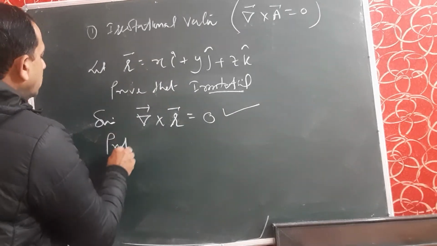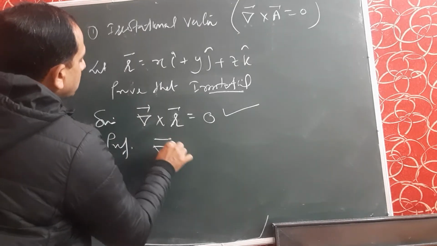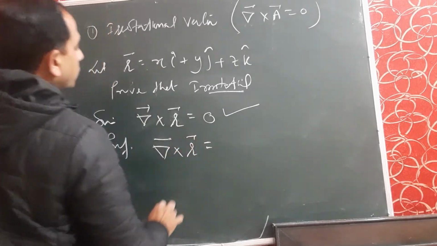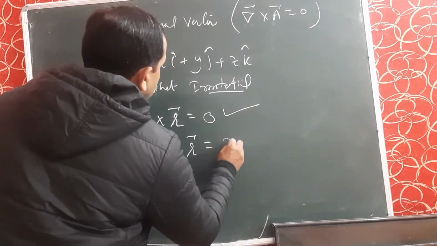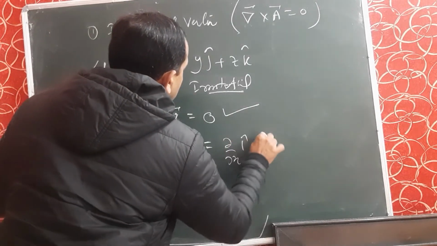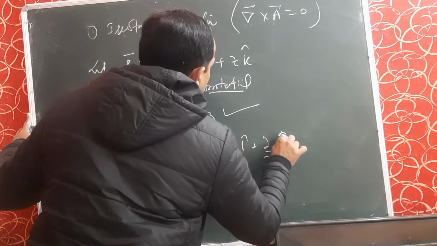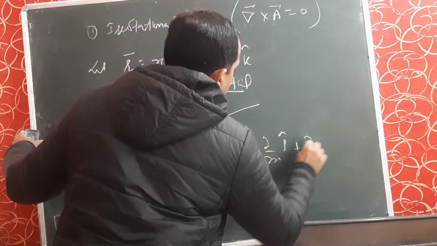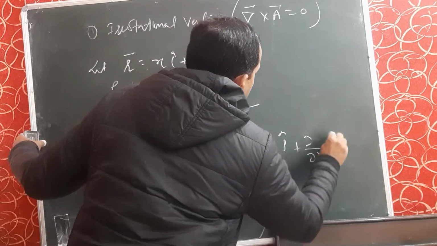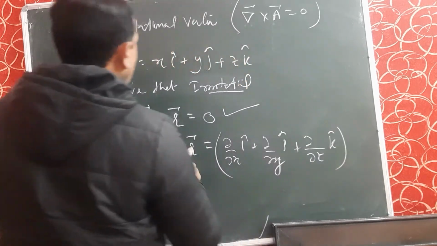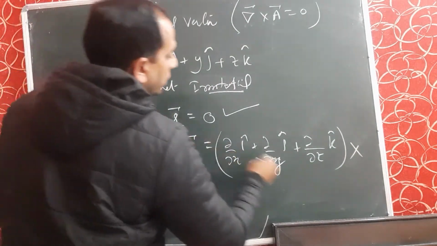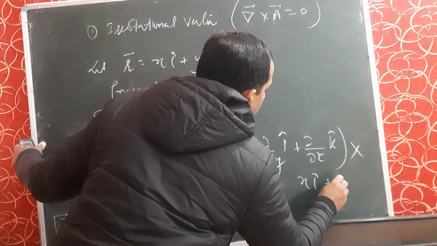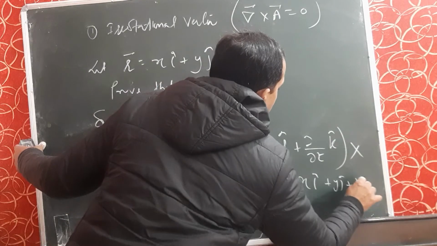So let us do del cross r. I am doing the curl of this vector, that is del cross r. Del means curly upon curly x i, curly upon curly y j, curly upon curly z k, cross multiplied with r. r has 3 components, xi plus yj plus zk.